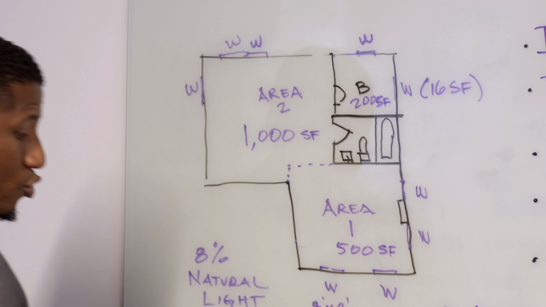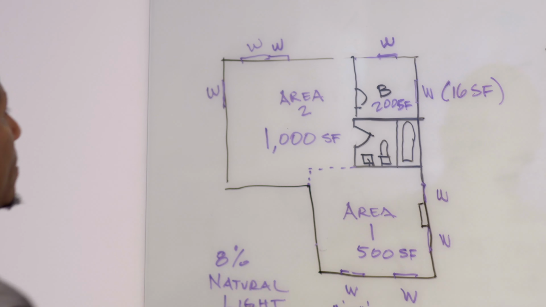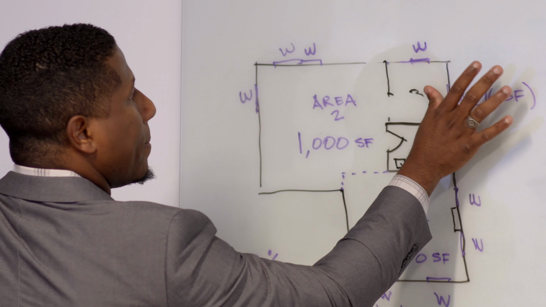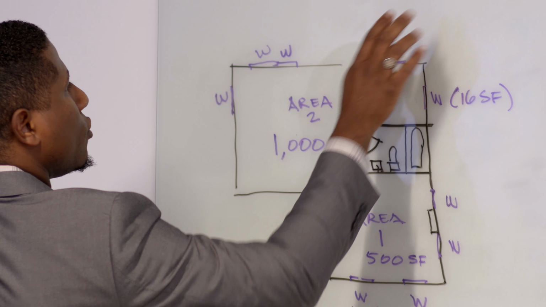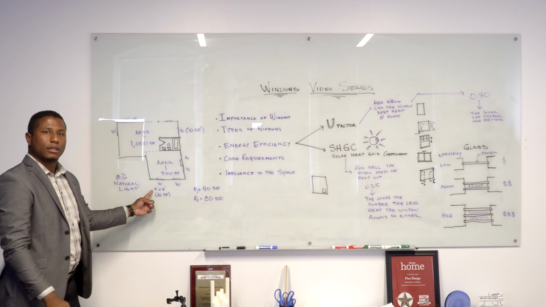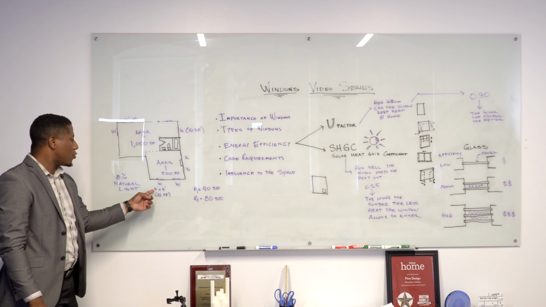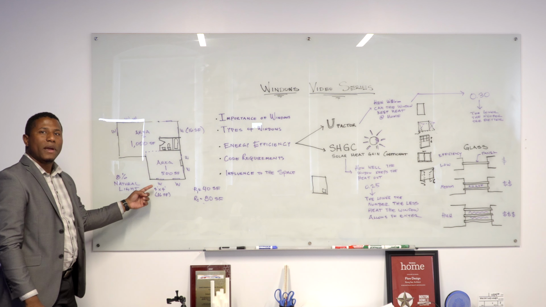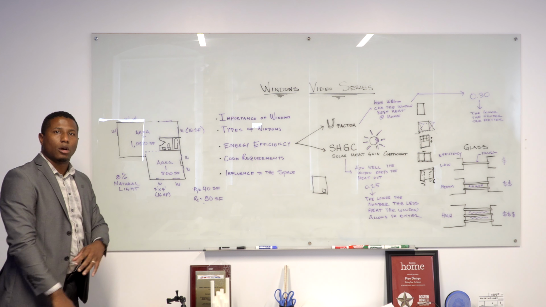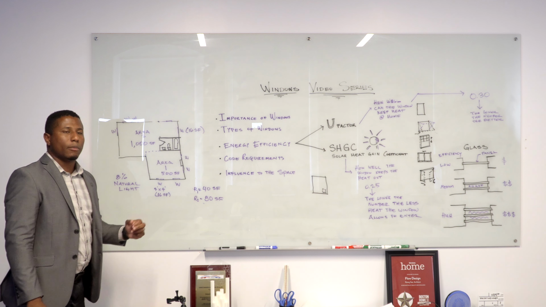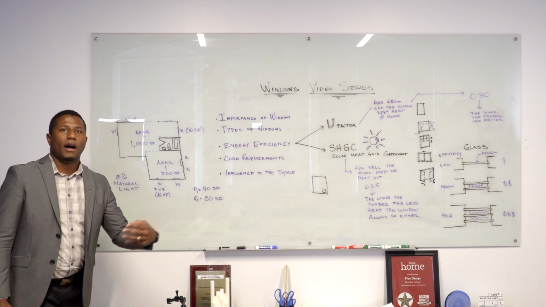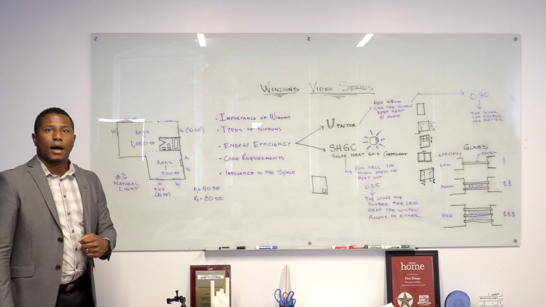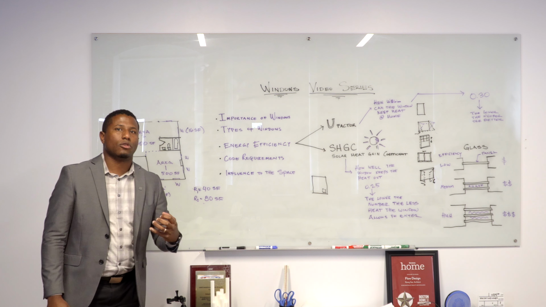Also, another thing that you could potentially do, sorry, I keep going back and forth, is if you don't have enough windows, you can increase the size of your window to make sure you meet that minimum requirement. You can say instead of a 4 by 4, maybe I do a 5 by 5. That will give me 25 square feet of natural light within that space.